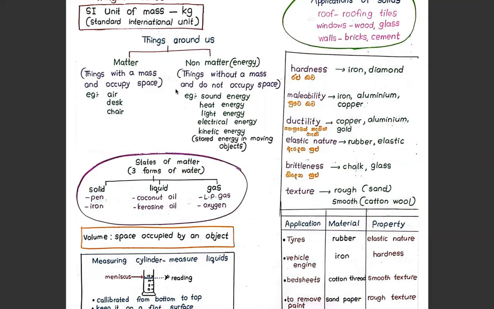Then what are the non-matters? What do you mean by non-matter? Things without a mass and do not occupy space. Things without a mass, ස්කන්ධයක් නැති, and do not occupy space. ඉඩ ප්‍රමාණයක් ගන්න නැති ඒවට අපි කියනවා non-matter කියලා. ඒවටම කියන තව නමක් තමයි energy. So energy are non-matter.